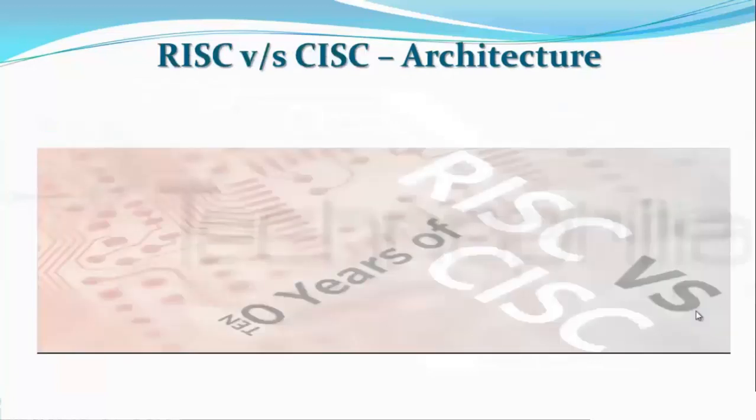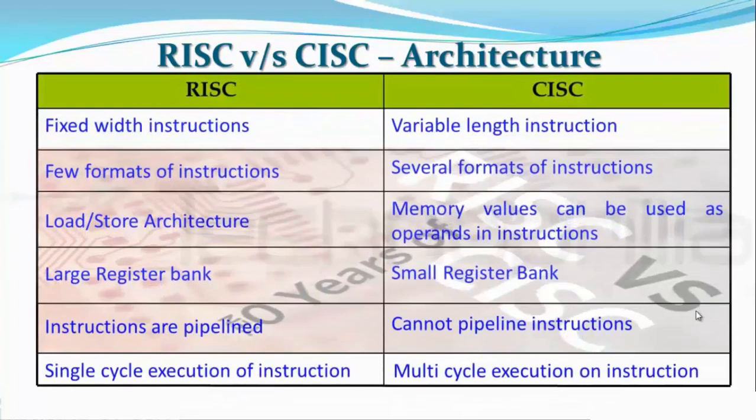Now let's discuss the difference between RISC, that is reduced instruction set computer, and CISC, that is complex instruction set computer architecture. In the case of RISC, the length of each instruction is fixed, usually 32-bit, and there are only a few formats of instructions, but in CISC the length of instructions varies between 1 byte to 6 or 8 bytes, and also several formats of instructions are there.